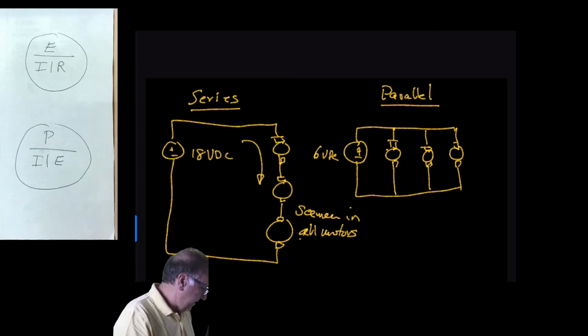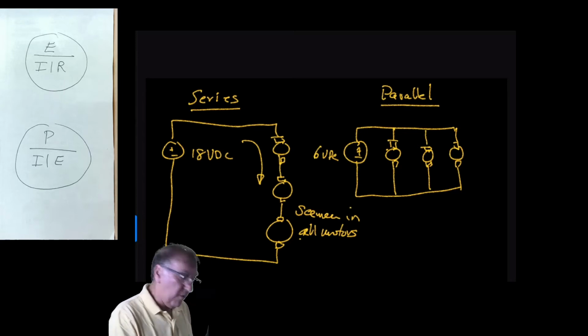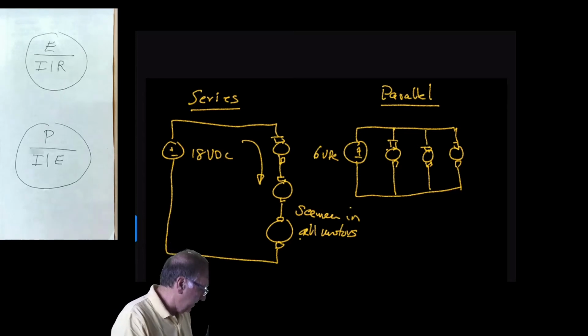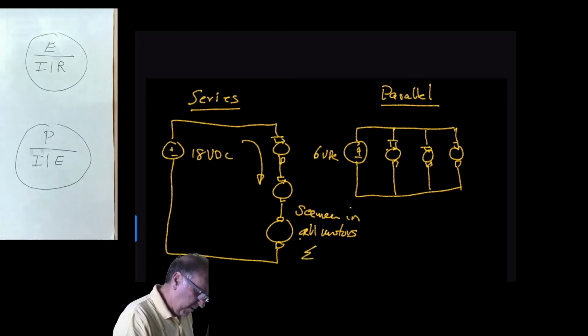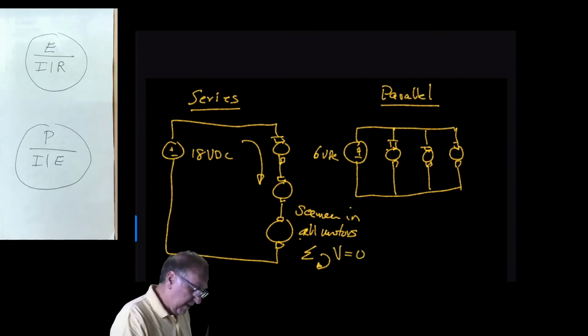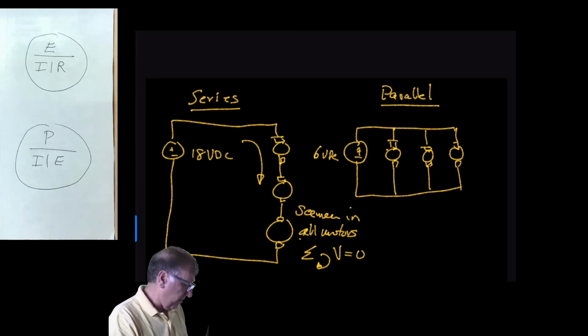So in the case of the series connection of the motors here, we said that the sum of all the voltages is 0. In other words, the sum going around the loop, in that direction, of all the voltages equals 0. And that's Kirchhoff's voltage law.